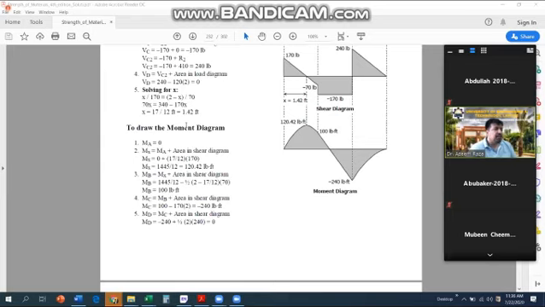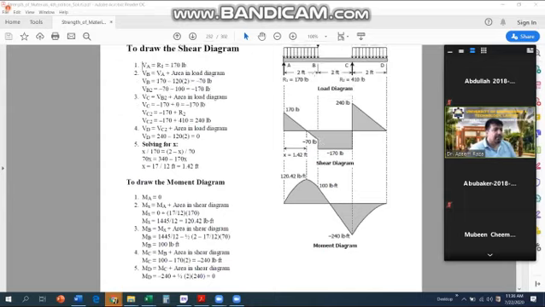Between this point and this point, that is at B, we have a variation. But again, the same problem happened, that moving from A to B, the shear diagram changed sign from positive to negative.